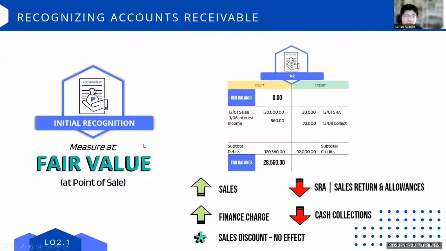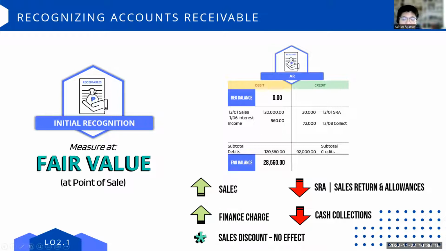So in summary, this is the master slides that you have to memorize. Number one, AR is initially recognized at fair value during the point of sale. Second thing you have to master, please master how to make the T accounts for AR. So ito yung guide.